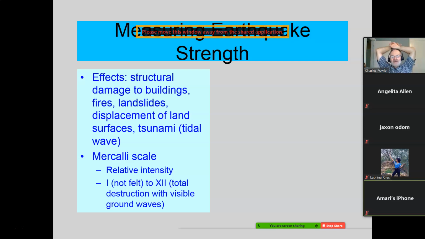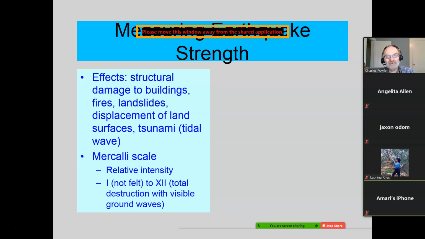Basically, what are the effects of the earthquake? What kind of structural damage do you do to buildings? How many fires are lit? What kind of landslides do you see? Do you actually see displacement of land surfaces? Do you actually get a tsunami coming out of it if it was near the water? Okay, these would all be effects of the earthquake.